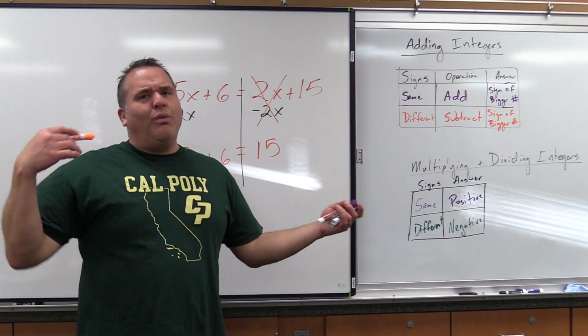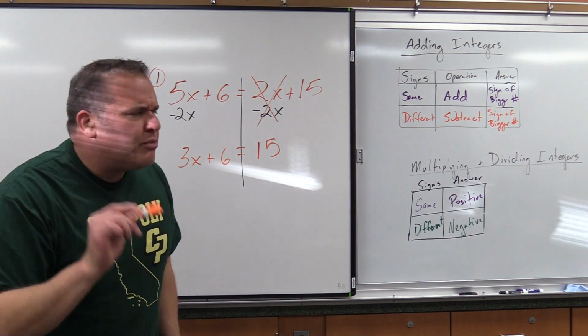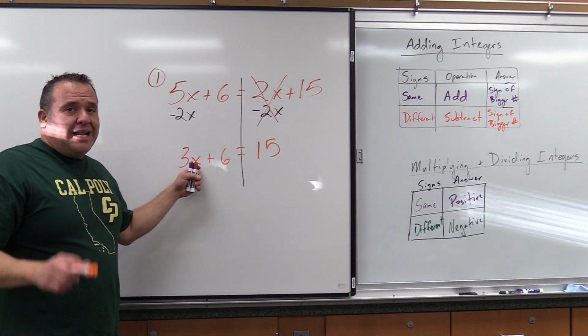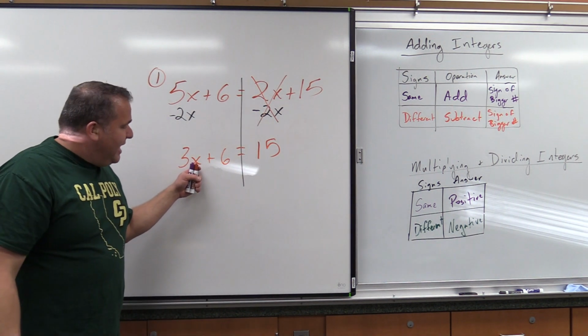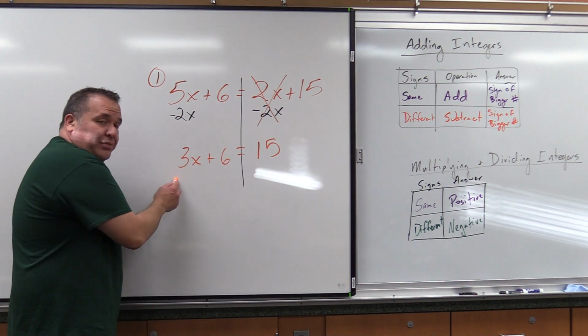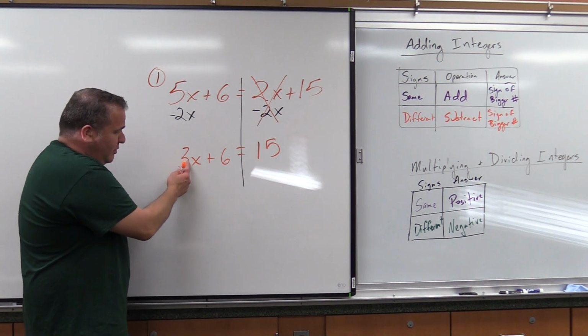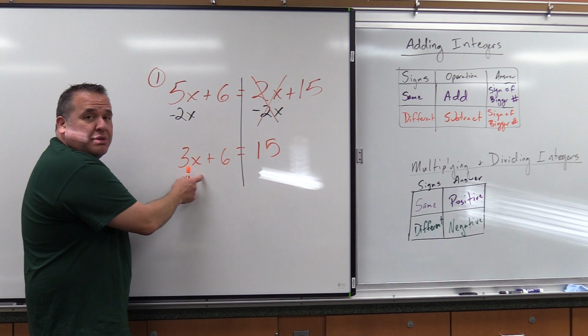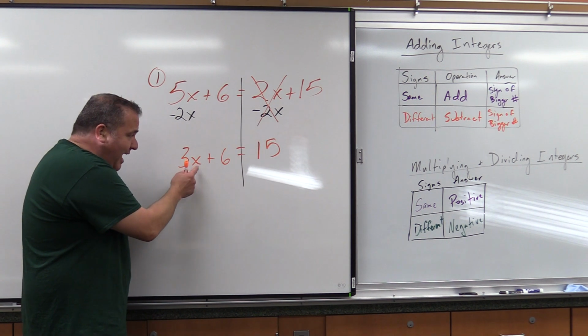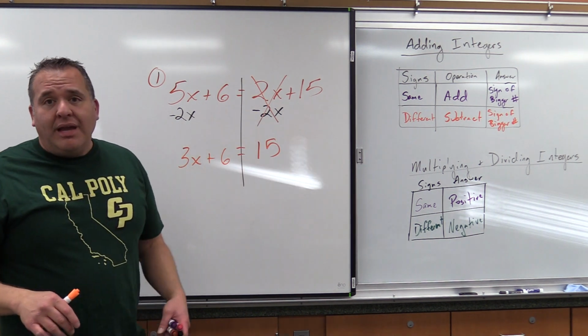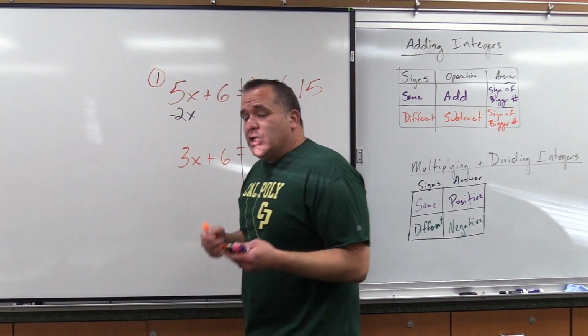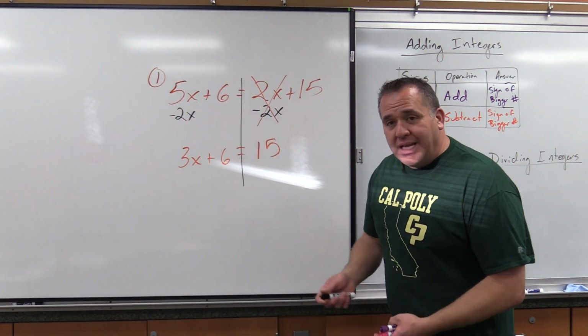But remember, it's been a while. Remember, what number is being added to x? That's the question you ask yourself. The number being added to x is not 3, because the 3 and the x, there's no plus sign in between. Those are being multiplied. What's being added to x is the 6. So how do we get rid of the 6? We ask, what is the opposite of positive 6?